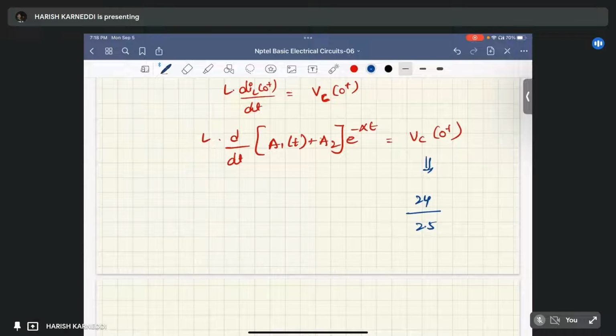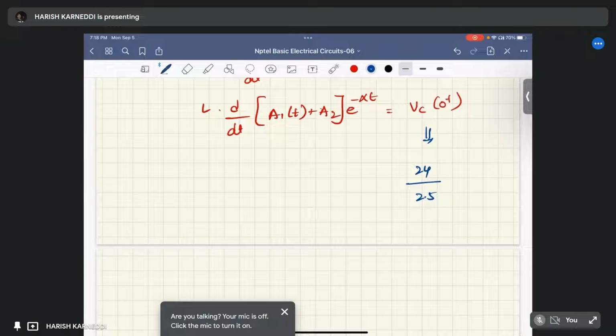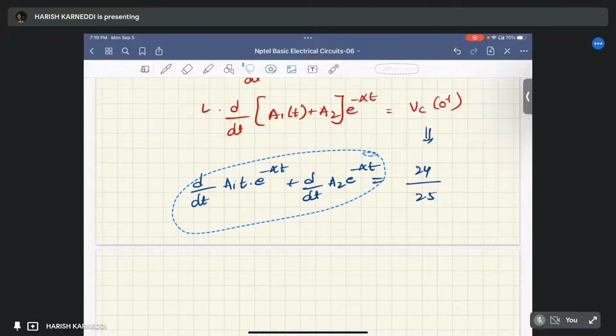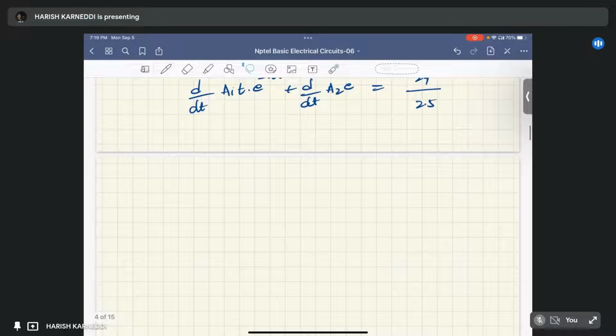Okay, then you can differentiate this thing: d by dt of A1 t into e power minus alpha t plus d by dt of A2 into e power minus alpha t equal to, okay, this is a form of a UV form.